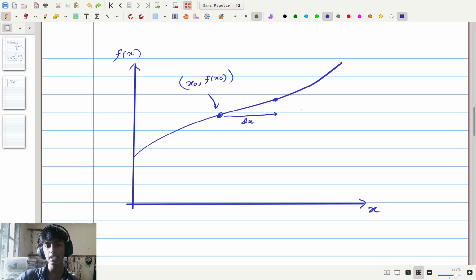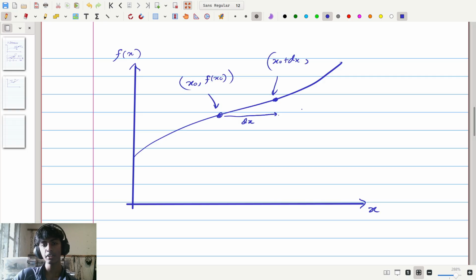I'm going to put dx because that's the way that I learned it and that's the way I like it. So here, this second coordinate of this point that we're considering is a distance dx away in the positive x direction. If this first coordinate is x0, the second x coordinate here is going to be x0 plus our dx.